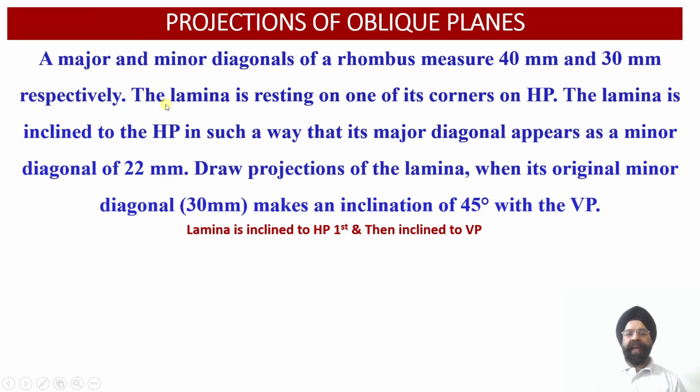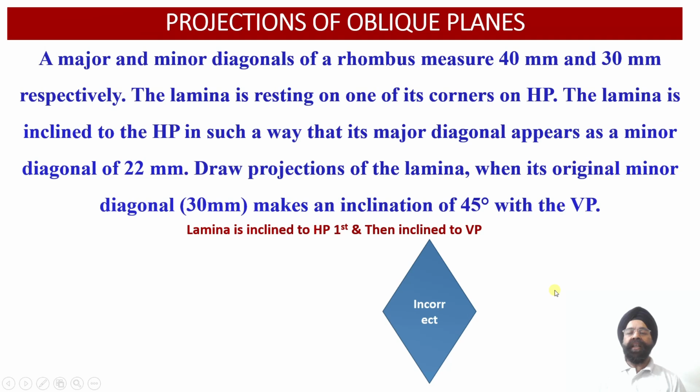Now the lamina is resting on one of its corners onto the horizontal plane and the lamina is inclined to HP in such a way that its major diagonal appears as a minor diagonal of 22 millimeter after the inclination of this rhombus with respect to the horizontal plane.